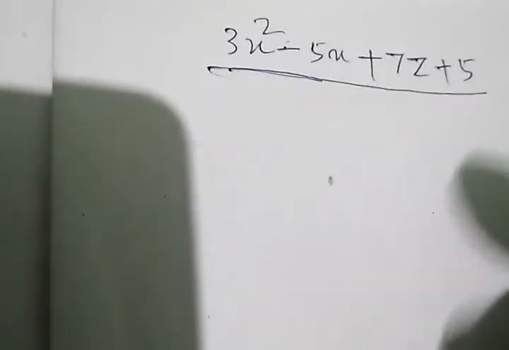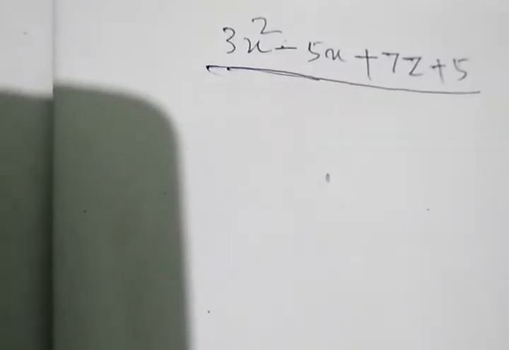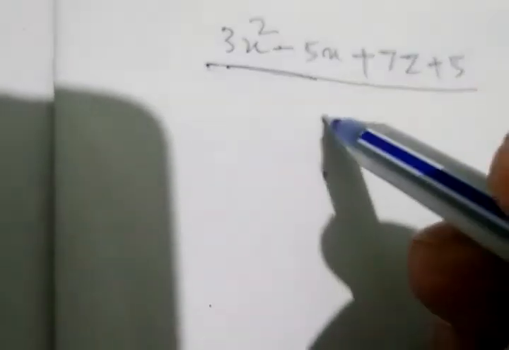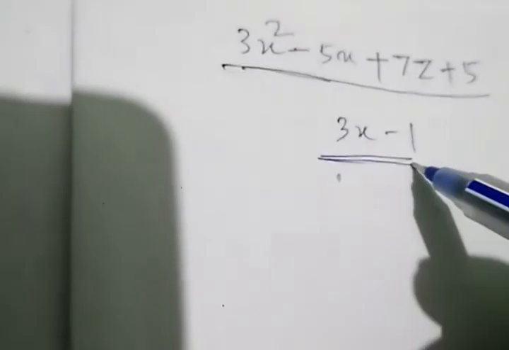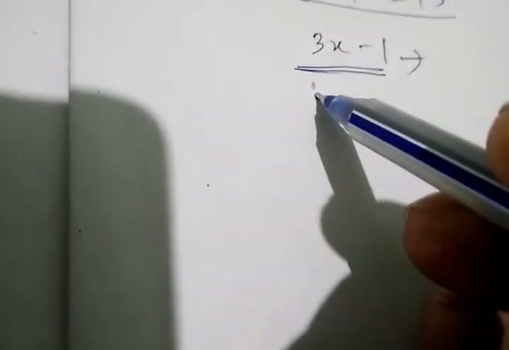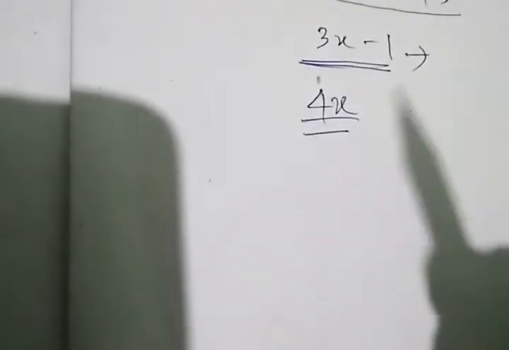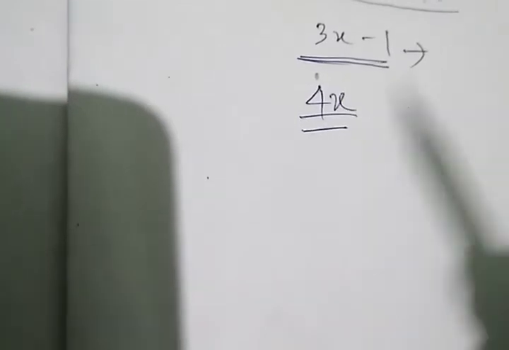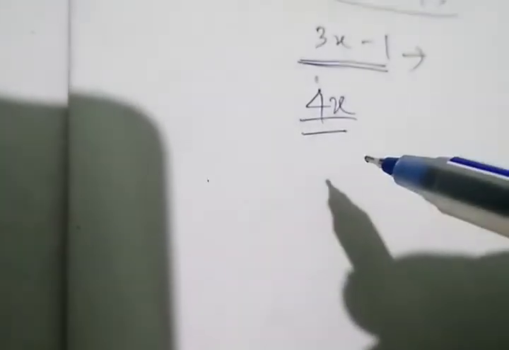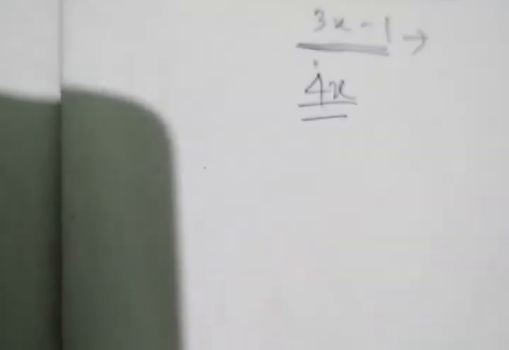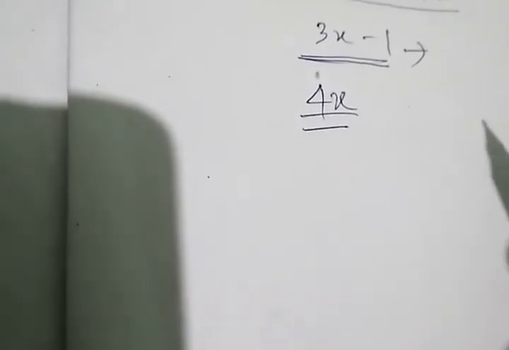A polynomial may have one term or more than one term. This is also a polynomial. It's a binomial, but it can be said as a polynomial. 4x, this is also a polynomial, a single term. I have already told you that a polynomial can be a monomial, a binomial, a trinomial.